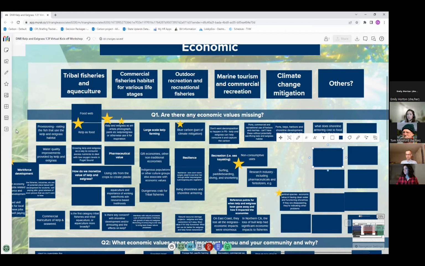So I'll just read off some of the starred ones, which just means more than one person has been saying those things. There's been a focus somewhat on workforce development, the food web in terms of kelp as food. A couple people said kelp and eelgrass as art, in terms of artists, photographers, painting, etc. A big focus on blue carbon as part of climate mitigation.